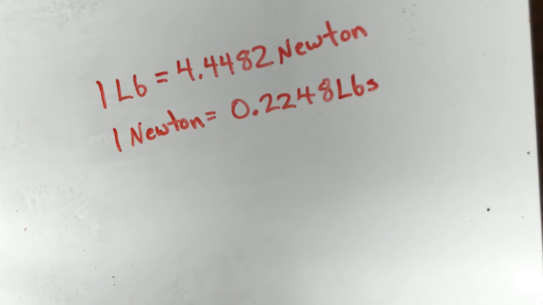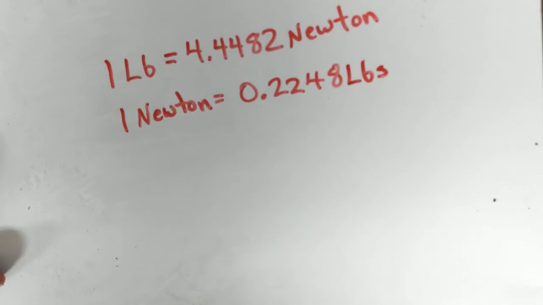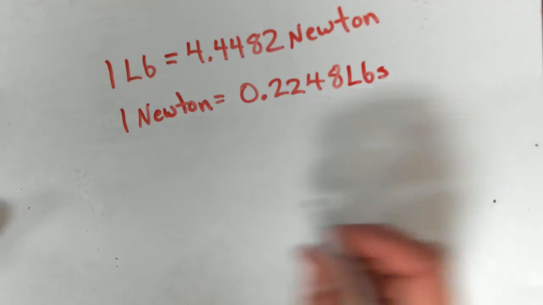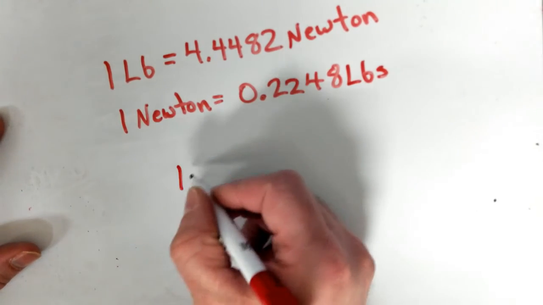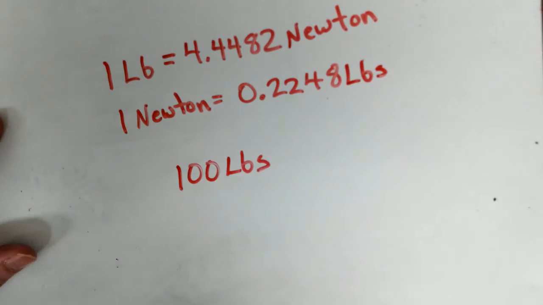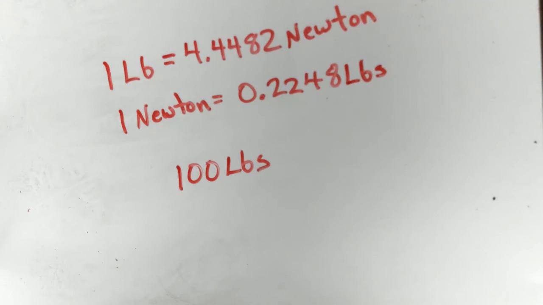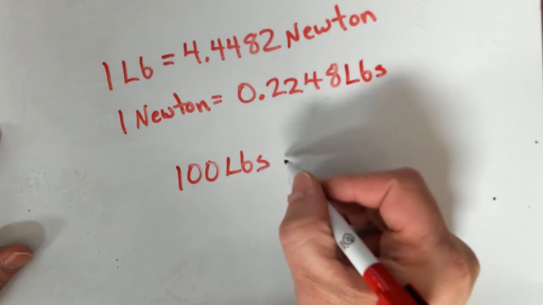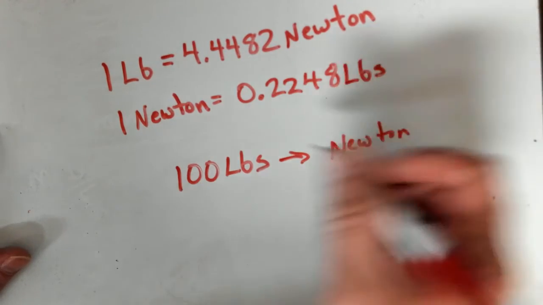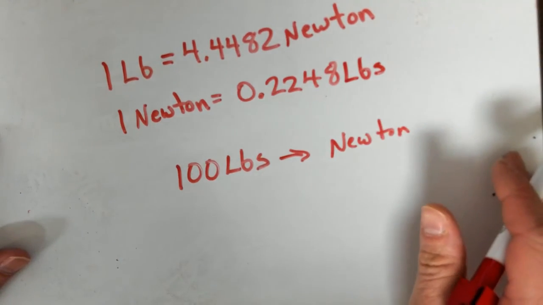So when I'm looking at that, let's say for instance I have 100 pounds, and I'm wanting to convert that into a newton. I can use either one of these formulas. It doesn't matter.